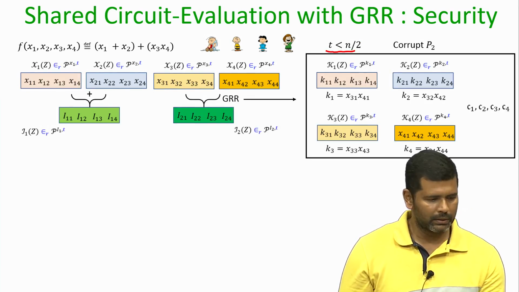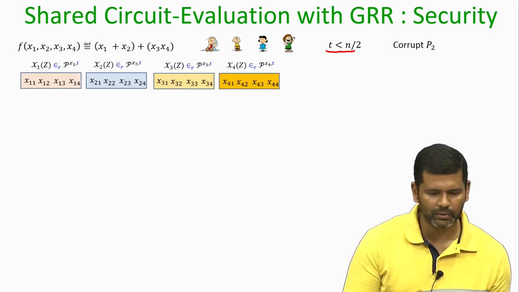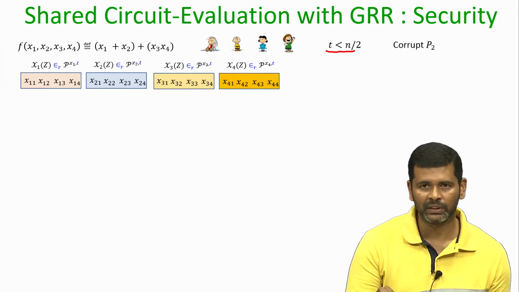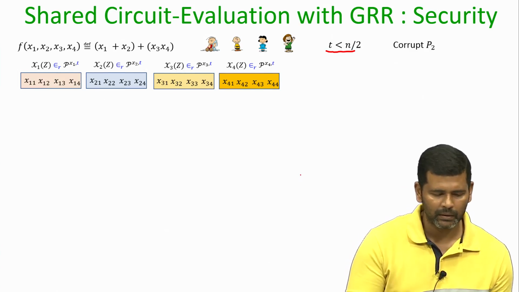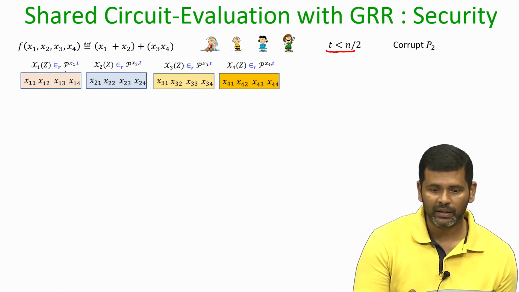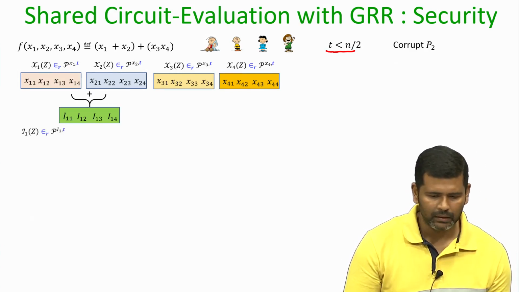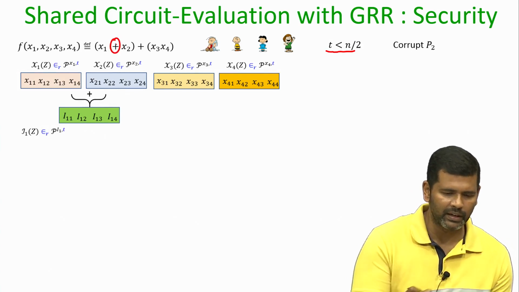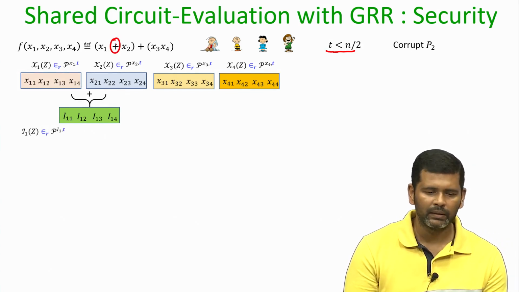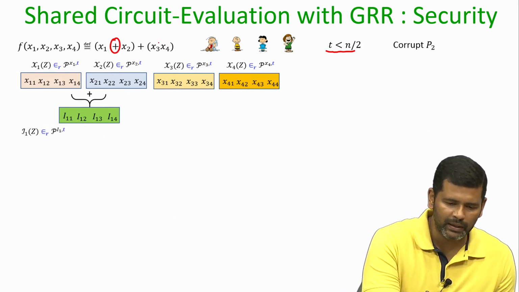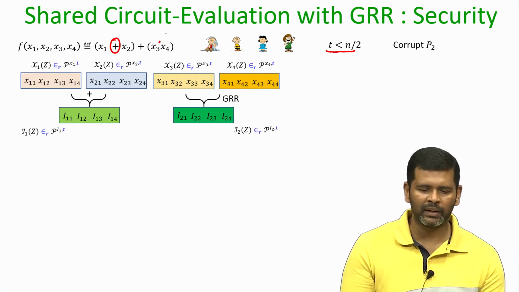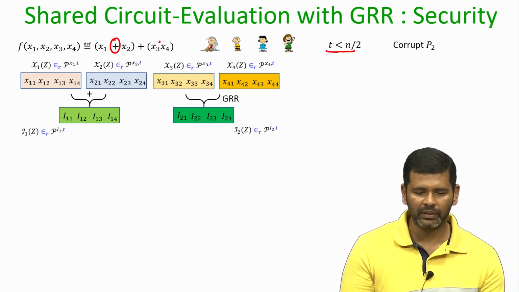So, again let me quickly go through what exactly are the values which are communicated. The inputs will be secret shared through random t degree polynomials, and then this plus gate will be evaluated locally, and then this multiplication gate is there which will require an instance of GRR degree reduction.